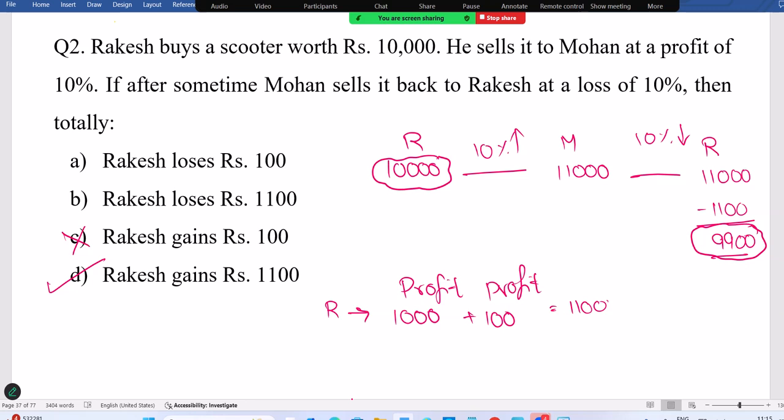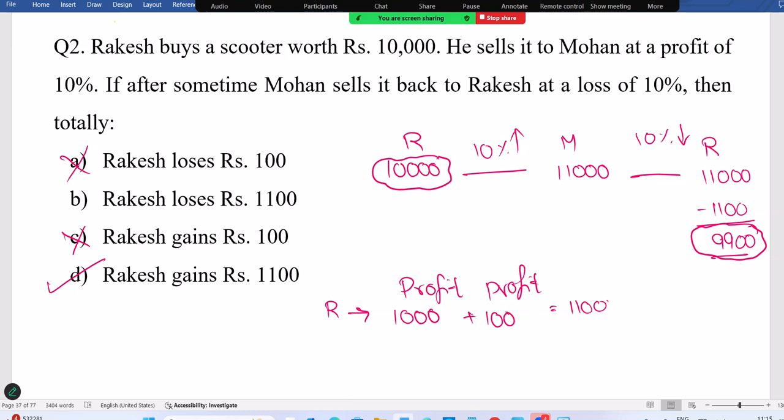No, here you gave it for 11,000 and already got 1,000 rupees profit. Now the same bike again you get for 9,900, here 100 rupees profit. Lots are deciding with the first and last value, 10,000 and 9,900, as 100 rupees. No, it's 1,100 gain. I believe you understand what I am discussing now, right?